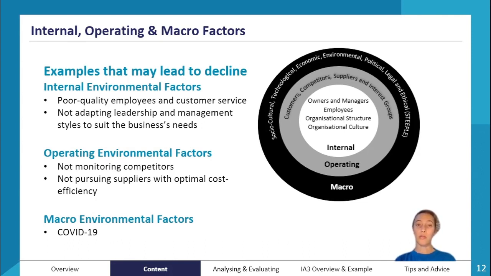Not being able to travel, and all those sorts of things, had huge impacts on businesses like Flight Centre, for example, and the different airlines. Those are really clear examples there.